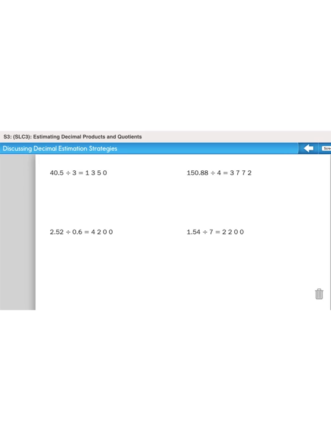The first one is 40 5/10 divided by 3. So they've already given us that our digits are 1, 3, 5, and 0. So let's do an estimate. 40.5 could be rounded to 30. And then we're going to say divided by 3 equals 10.